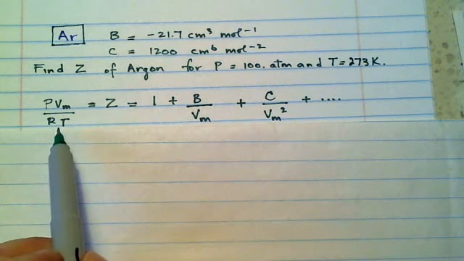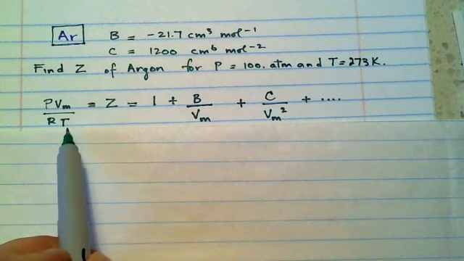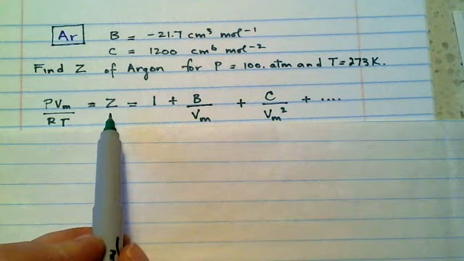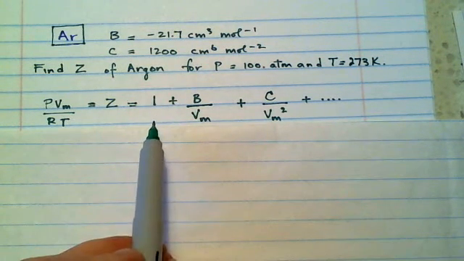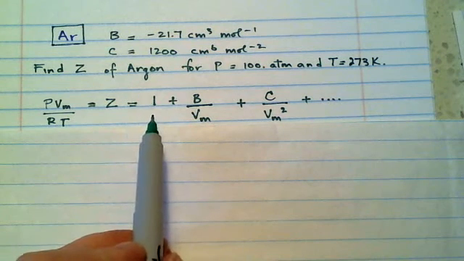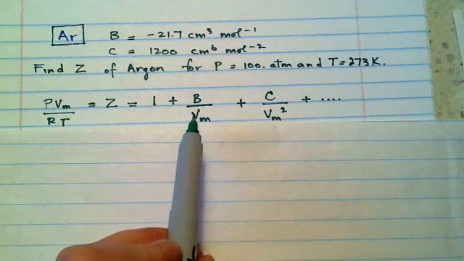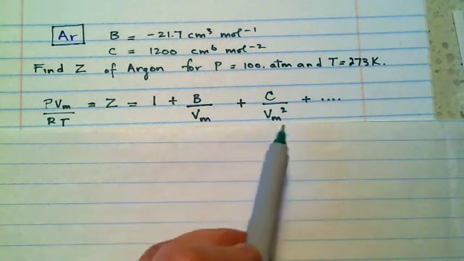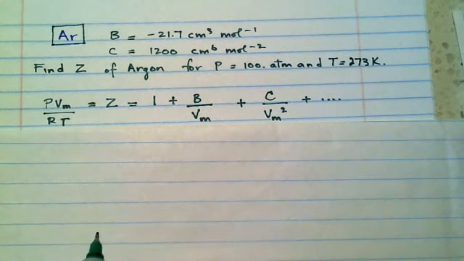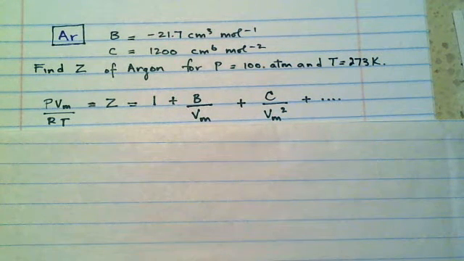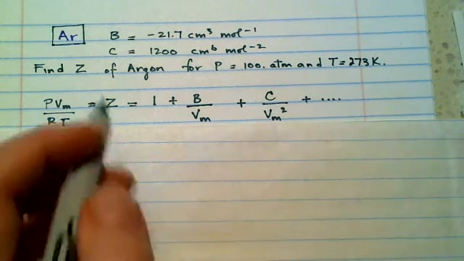So what we say now is a little bit different. PVM over RT is equal to the compression factor, and Z is equal to 1 for a perfect gas, and it ends there. But for a real gas, we have to tweak that number 1 a little bit. It's going to end up being a little more or a little less than 1, because either the dominant forces are repulsive or attractive, respectively. That makes it a little greater than 1 or a little less than 1.